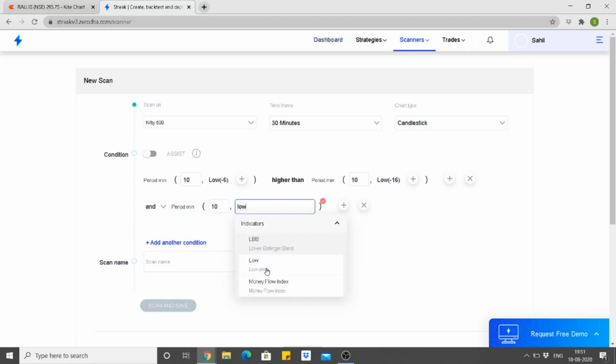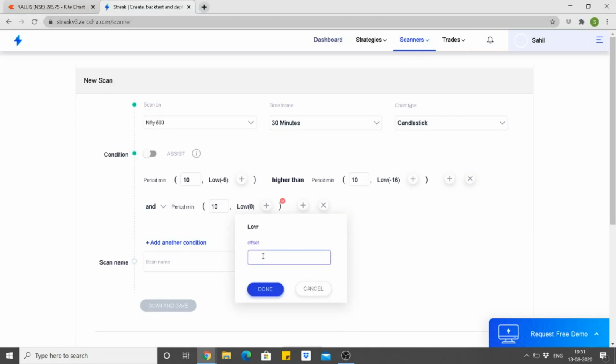Let me quickly complete these conditions and then we can move on to the last part of our scanner, which is actually identifying the breakout.